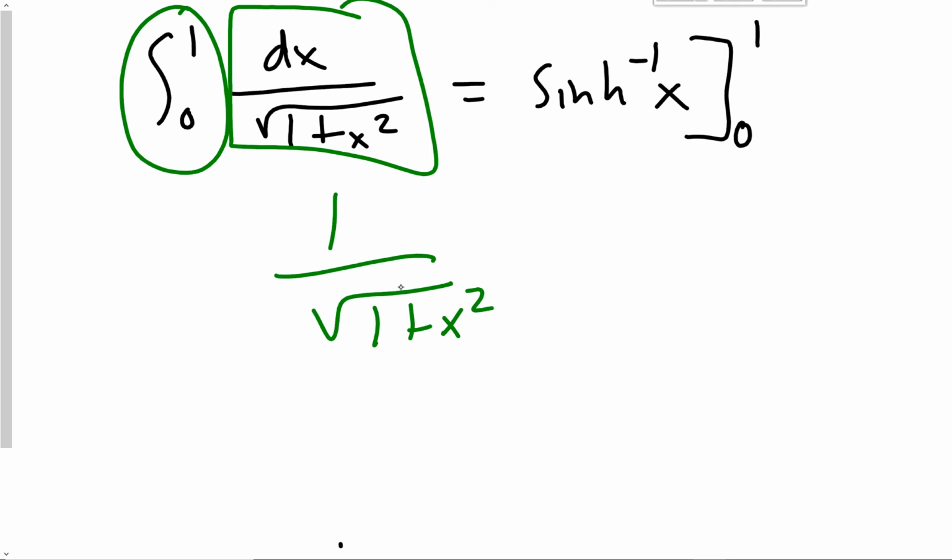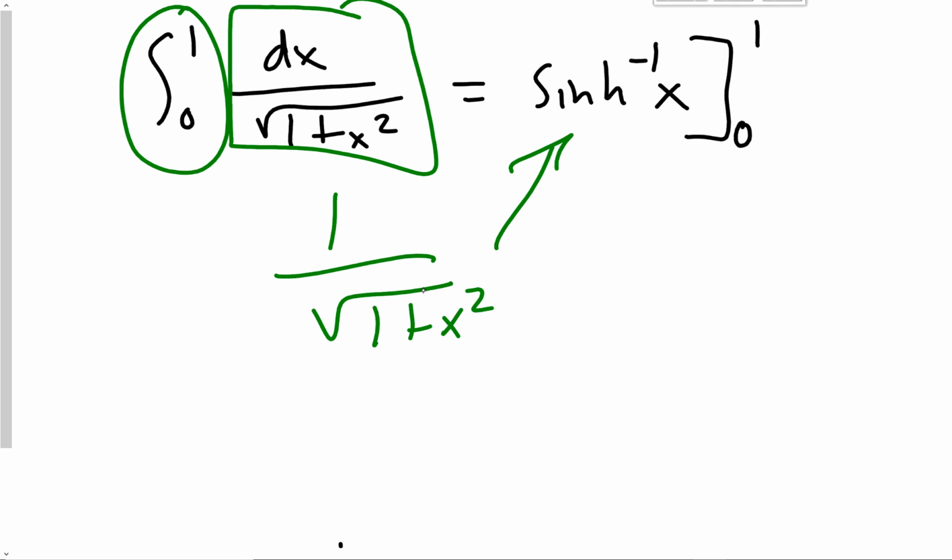What derivative are you taking that gets you this answer? That is inverse hyperbolic sine. You might have some that match up just like that, but most likely you're going to have to do substitution rule, right? So chain rule for the derivatives, substitution rule for the integrals.